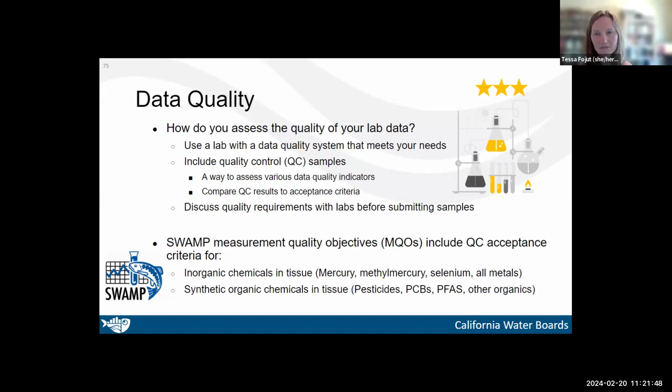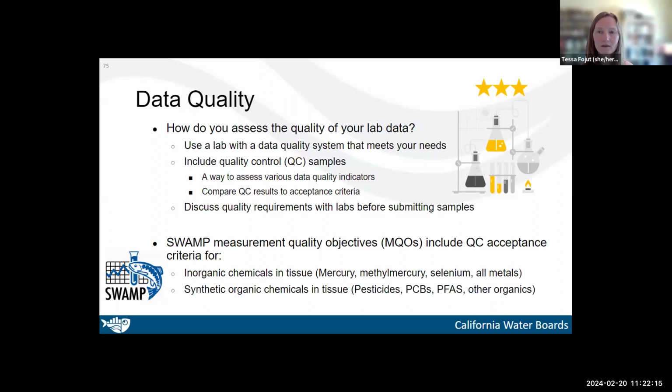You could generally use them for any type of organic chemical. Those are documents we have posted online, and we'll share those links, but they basically give guidance on what quality control samples you would want to include, like laboratory duplicates, a blank, a matrix spike, things like that, and then what your acceptance criteria are for those.